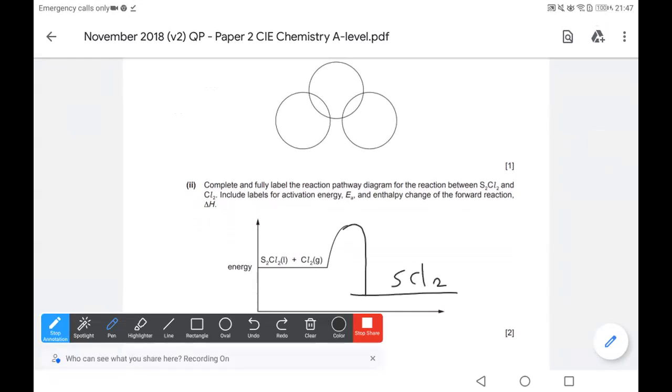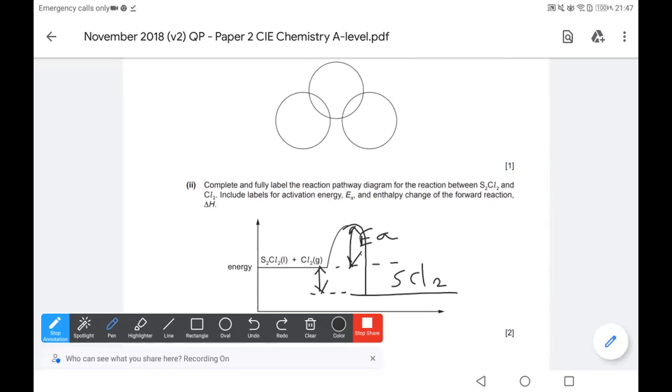You know, the minimum energy we should supply for the reaction to happen is the activation energy. The reaction barrier, it is EA. The energy difference between reactants and products is called the enthalpy change.